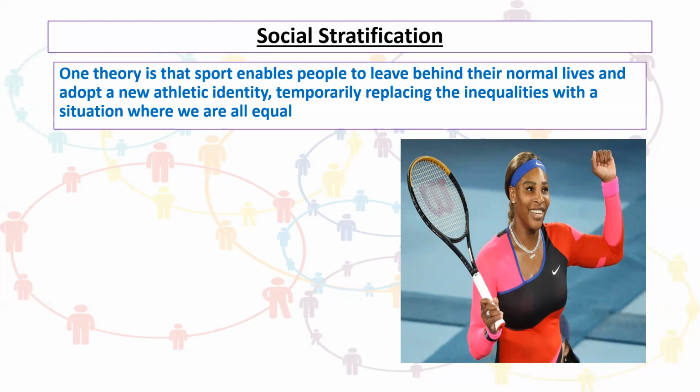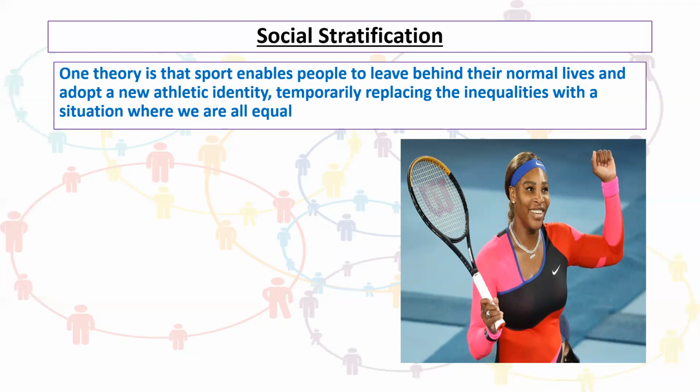So I'll just go through that again. Essentially, sport enables people to move away from their position or their status in society, where they may have significant inequalities that they have to deal with, and it allows them to take on a more temporary position of a different status where those inequalities aren't so obvious.